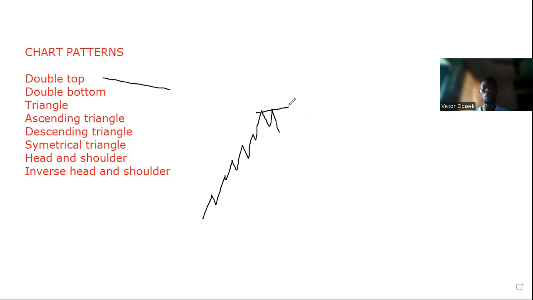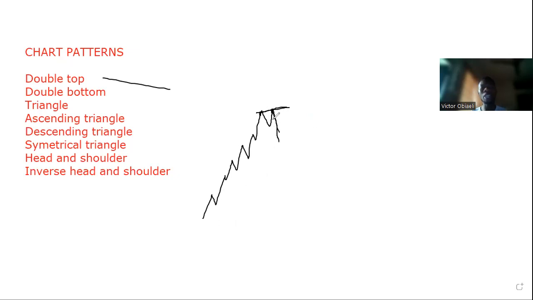This is referred to as a double top. Why is it a double top? Price touches the same point at the resistance level. And what does a double top signify? It simply means that there is a likely chance for the market to drop, since we have a double top.